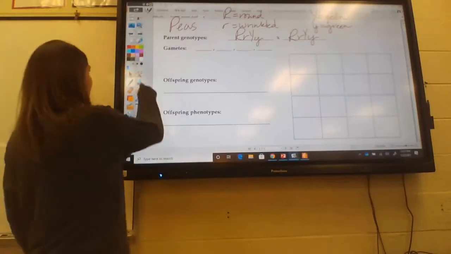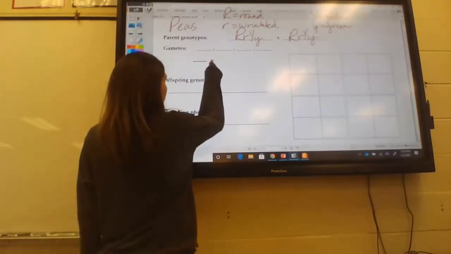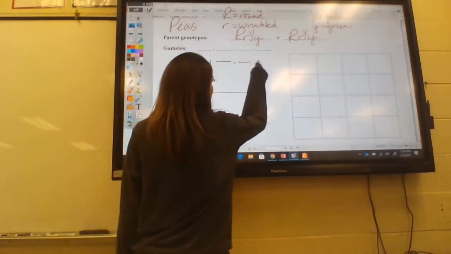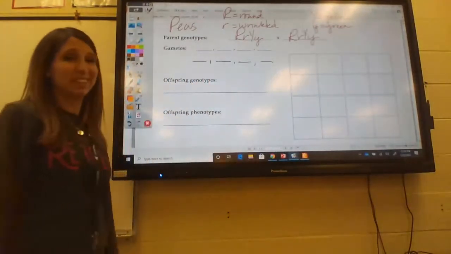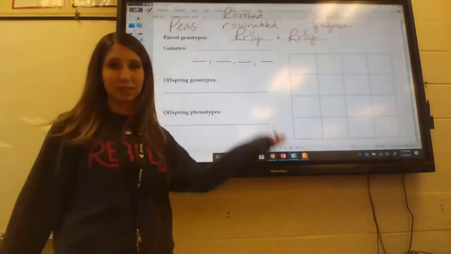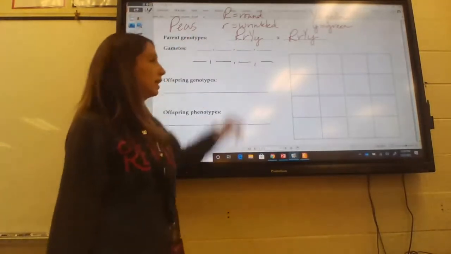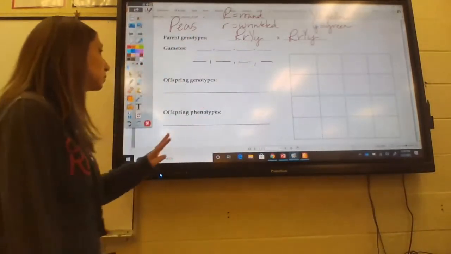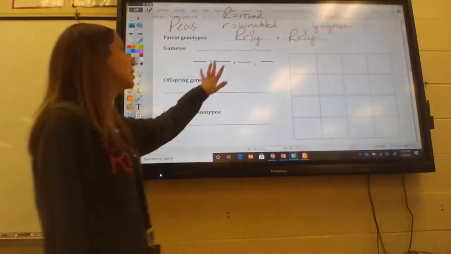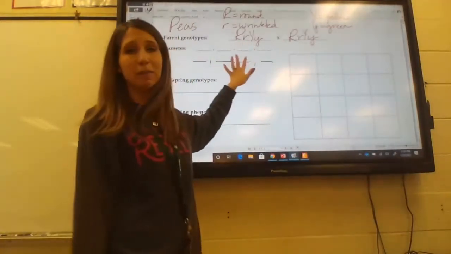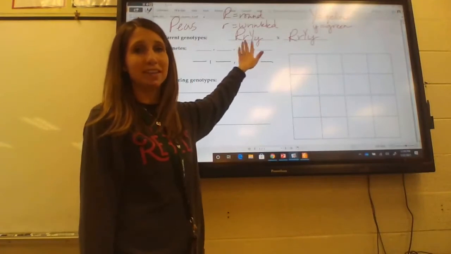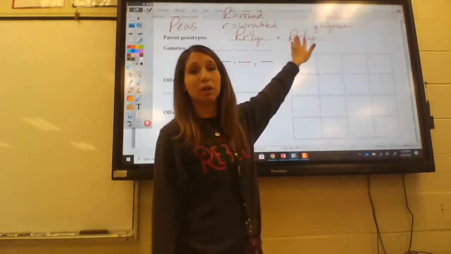My gametes, again, I want to add my 4 lines for the parent on the right. But in this case, my parent gametes are going to actually be exactly the same because my parents are exactly the same. However, within a parent, I'm going to get 4 different types. Okay, so what I mean by that is I'm going to compare and try and catch all of the possible combinations of R's and Y's in this parent and then do the same for this parent.